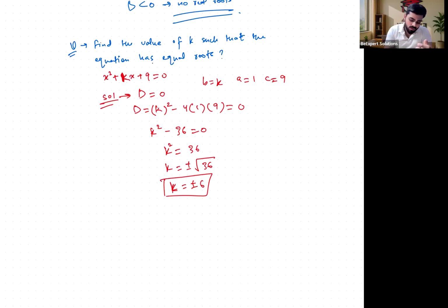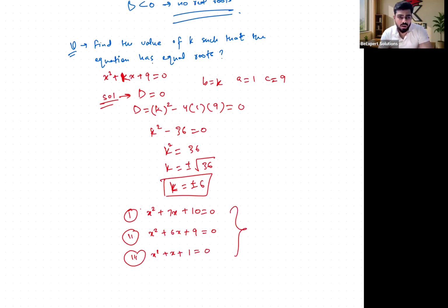You can do these questions if you want to test yourself, just for the homework part, or you can say whatever, practice this. Let's say x square plus 7x plus 10 is equals to 0. For the second one, x square plus 6x plus 9 equals to 0. And third is x square plus x plus 1 equals to 0. You can try these questions, figure out the answer, like what is the nature of the roots.